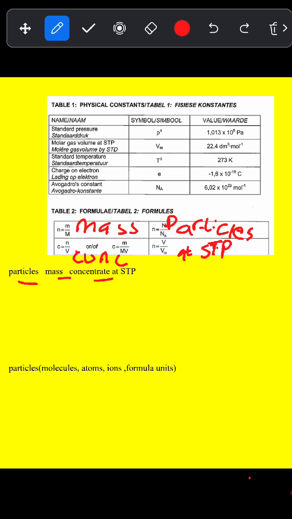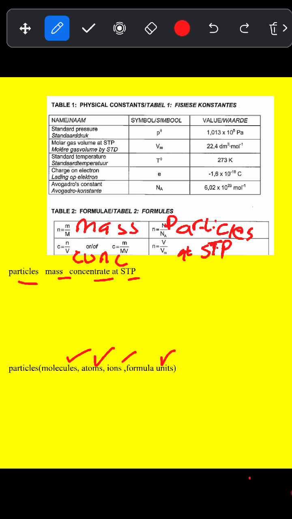Particles must concentrate at a steeping. Particles we are referring to molecules, atoms, ions, and formula units. Those are particles.